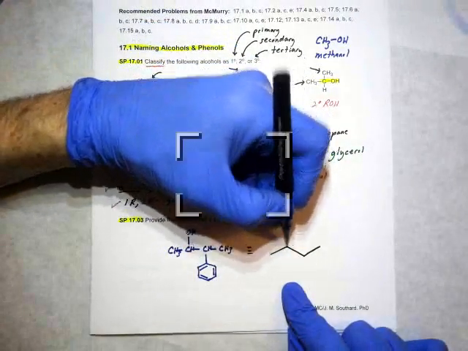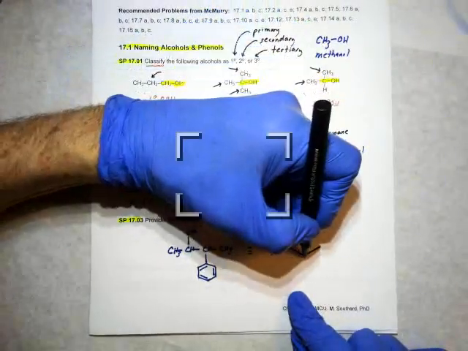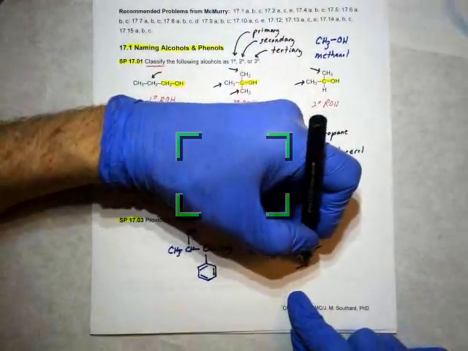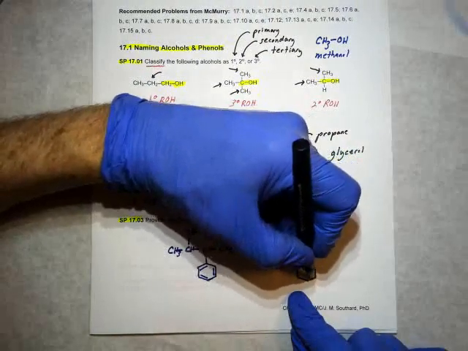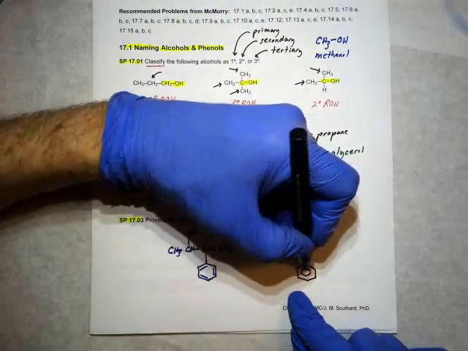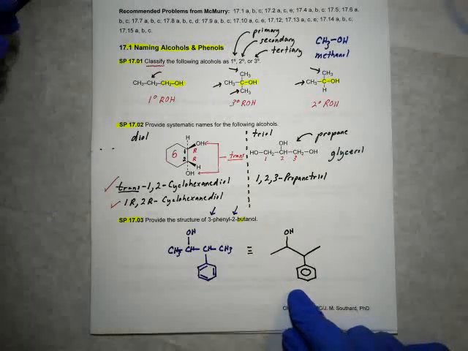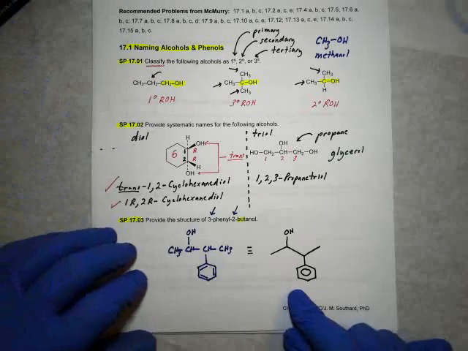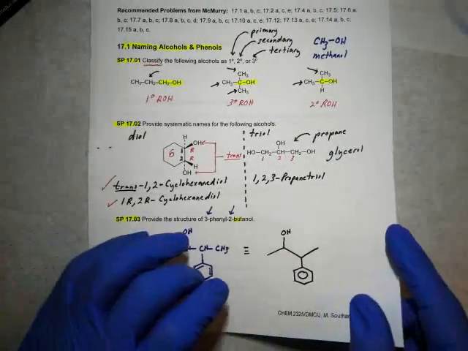I would attach an OH group here, okay, and I would attach a phenyl ring here. So either of those is perfectly okay. So that's page 87. Let's continue with nomenclature by flipping over to page 88.